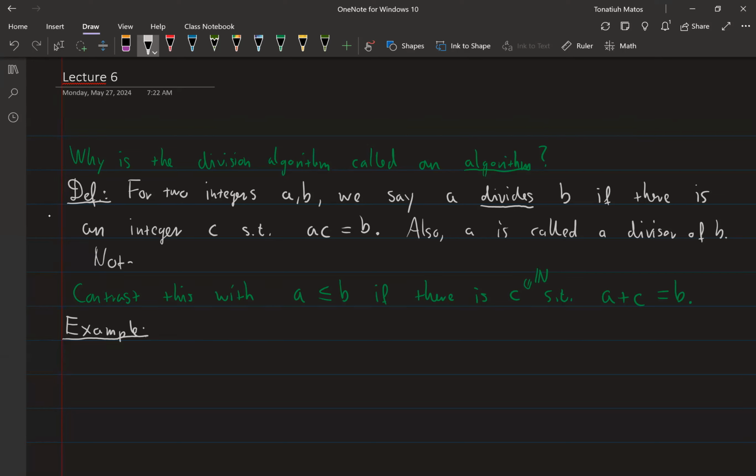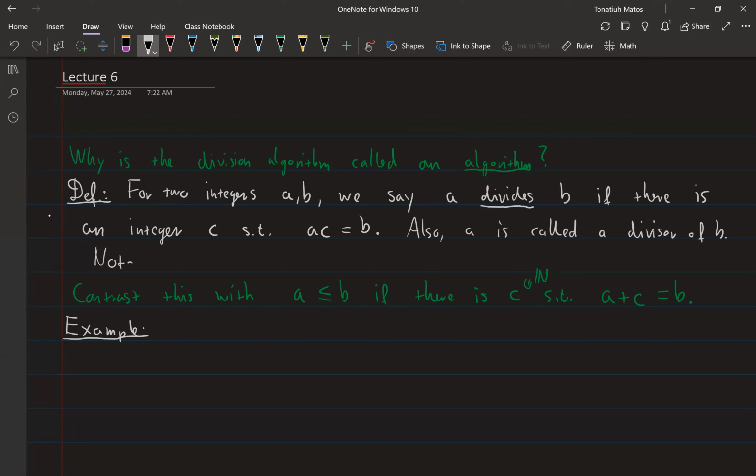Let me give you some examples of the definition that I just wrote down so that we're all on the same page. Let's see, 2 divides 4, because 2 times something is 4. And that something is 2, which highlights the fact that these integers don't need to be different, right?